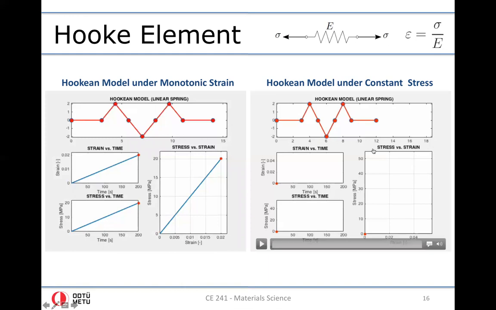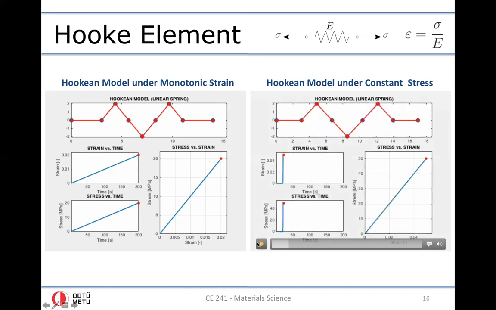So what happens if you deform the spring Hookean element with a constant stress? In the first place, we will keep the stress 0, and then we will increase it like a Heaviside function. We will introduce a jump and then keep the stress constant and then unload again. Let's see what happens.